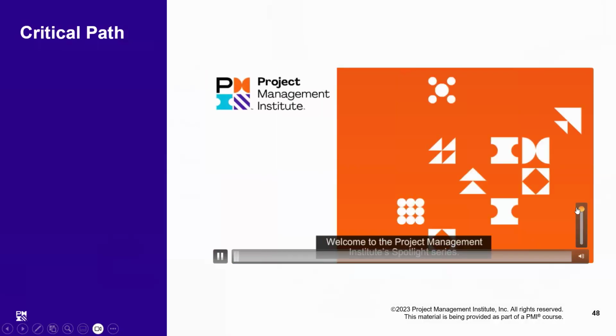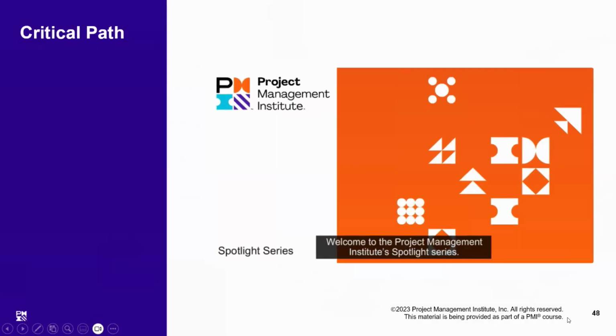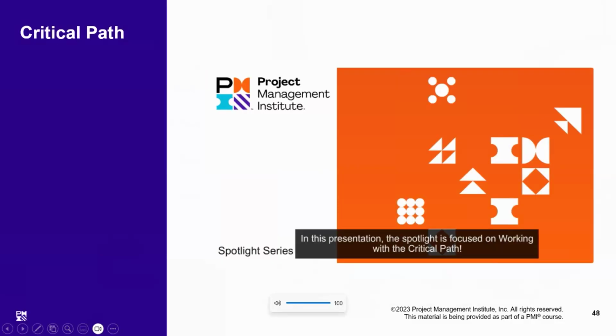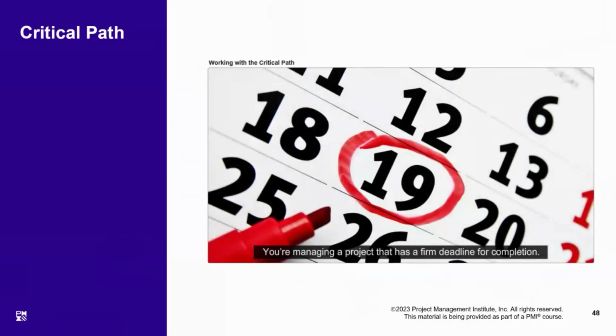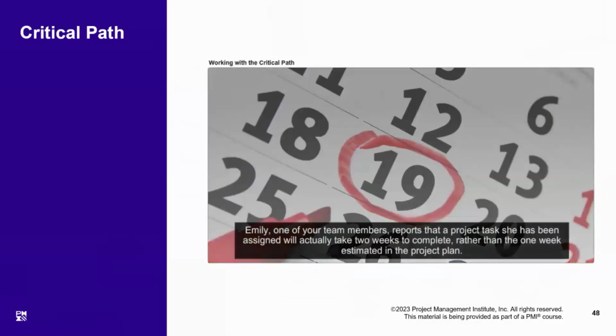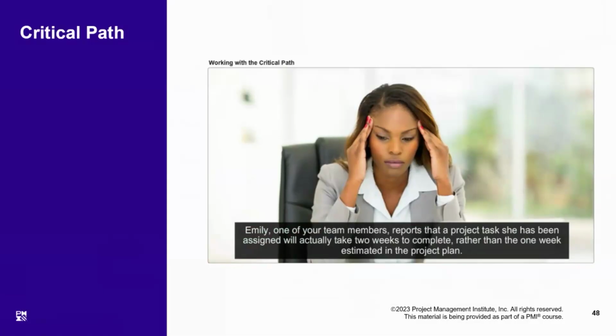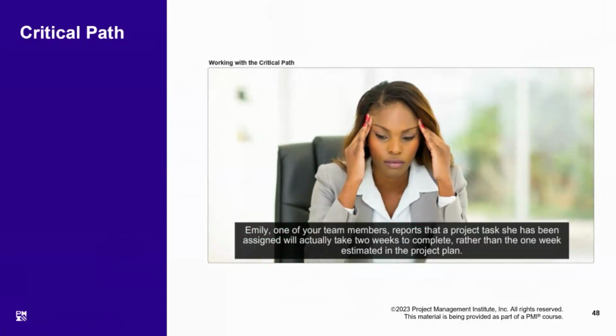Welcome to the Project Management Institute's Spotlight series. In this presentation, the spotlight is focused on working with the critical path. You're managing a project that has a firm deadline for completion. Emily, one of your team members, reports that a project task she has been assigned will actually take 2 weeks to complete, rather than the 1 week estimated in the project plan.